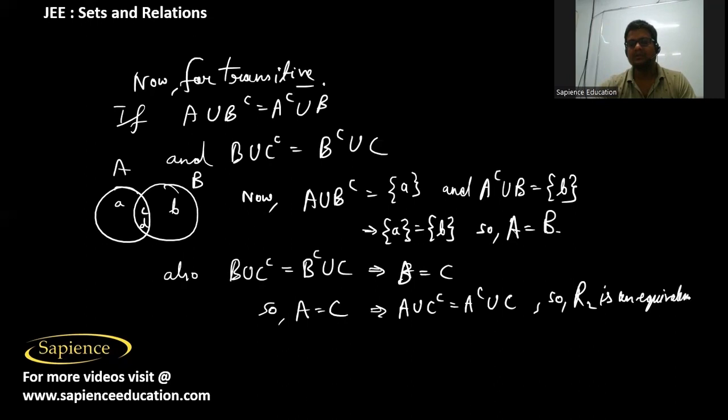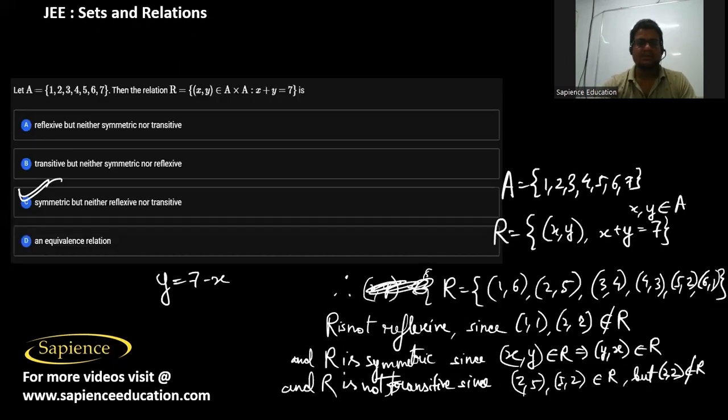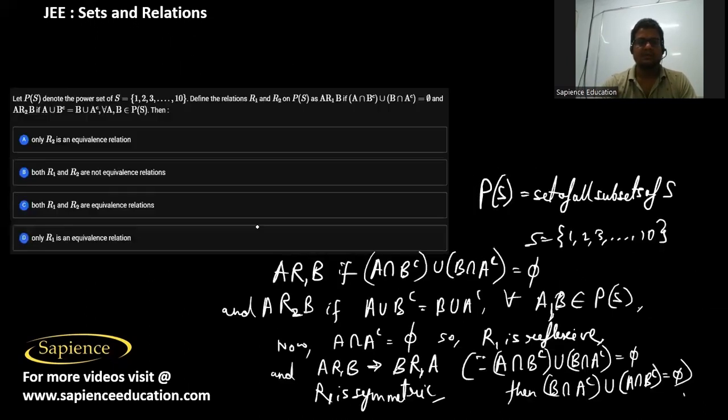So both R1 and R2 are equivalence relations. So option C is the correct answer.